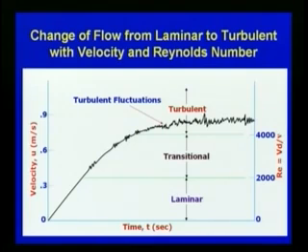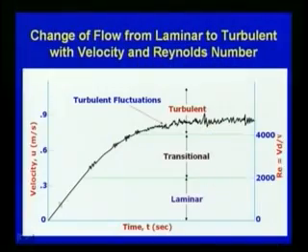So, if we plot the velocity versus time, depending upon the velocity, we can see that at this laminar stage the velocity variation will be like this. So, the change of flow from laminar to turbulent: the Reynolds number is on this axis and here the velocity with respect to time.